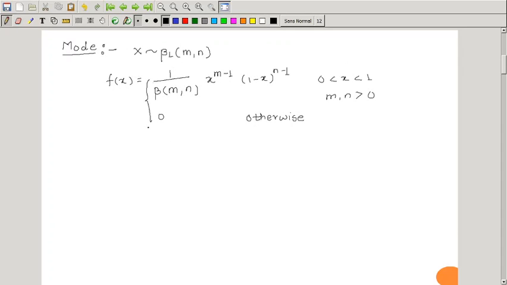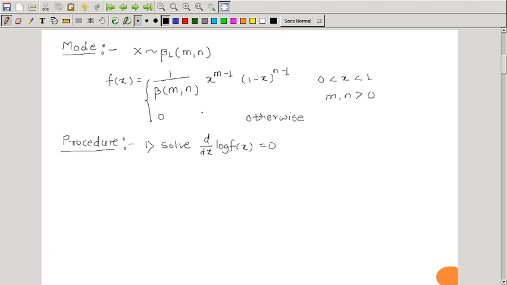Now we want to find the mode of the distribution. So for finding the mode, we have to follow some steps, that is the procedure. So firstly, we want to solve the equation d dx log of fx equal to 0.